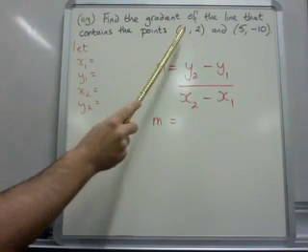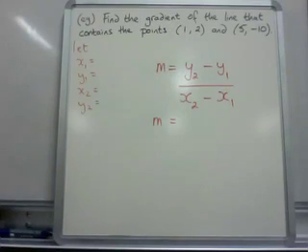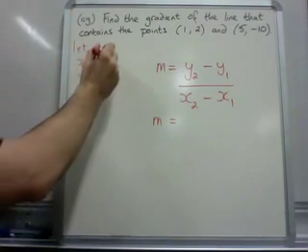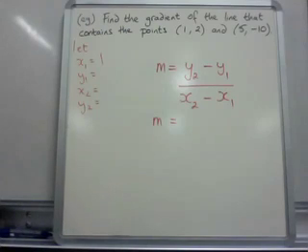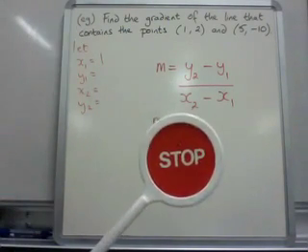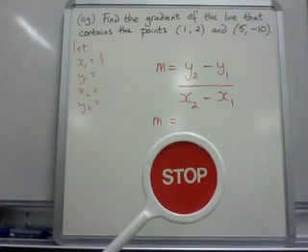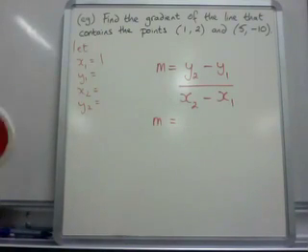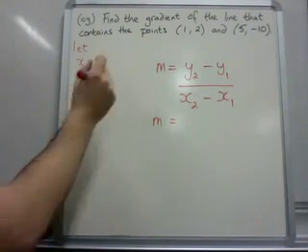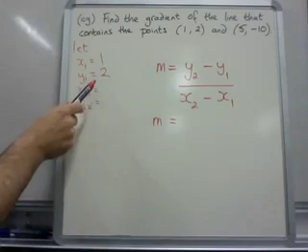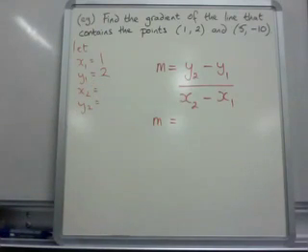So if I decide that this number here is x1, can you think who must be y1? Pause the video. Have you got an answer? Did you say 2? Okay. Now decide which numbers go here and why.